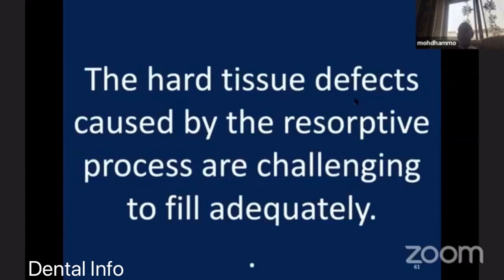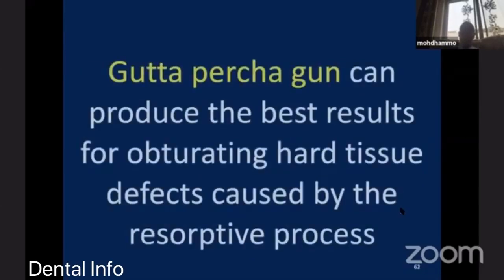The hard tissue defects caused by the resorptive process are challenging to fill adequately. And when we have internal resorption and we want to fill it with our obturation technique, it is difficult. Because of this, we need a Guttapercha gun.